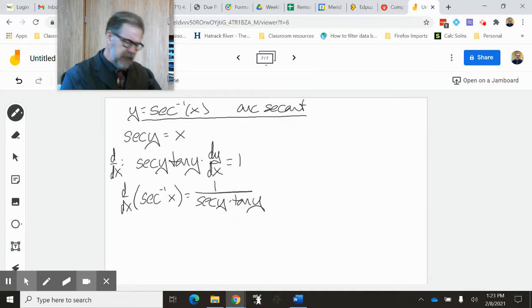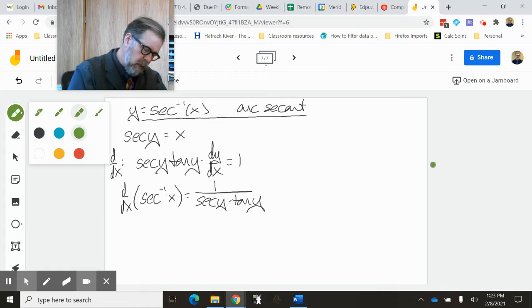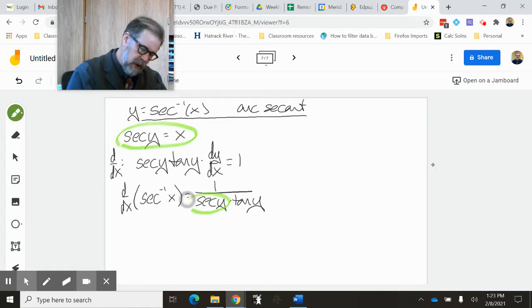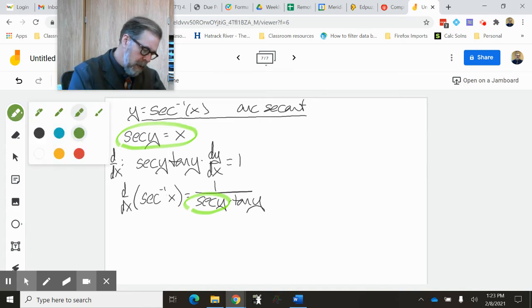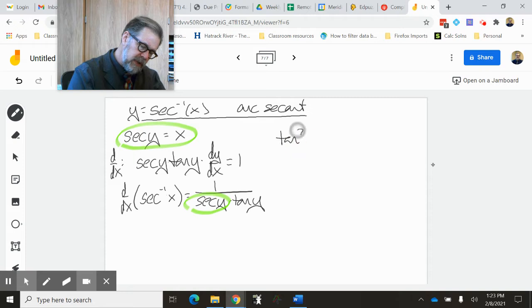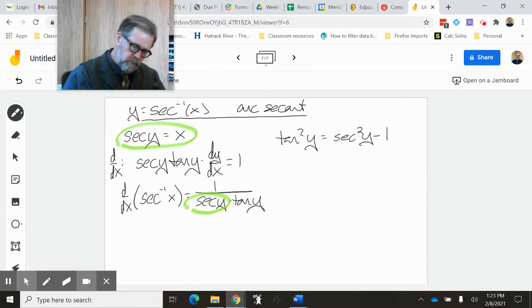So let's get this in terms of x. Very quickly, a couple things that we know right off the bat, that secant y is equal to x. So that's just going to be a 1 over x. But what do we do with tangent? Well, we know that tangent squared is equal to secant squared minus 1.